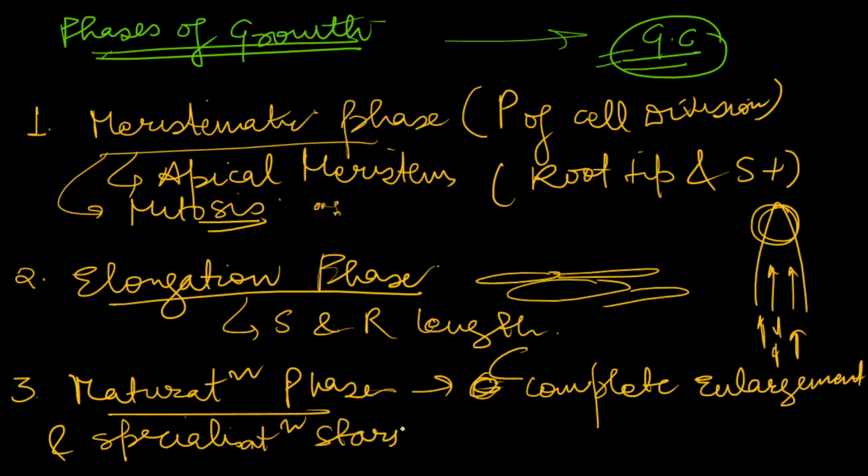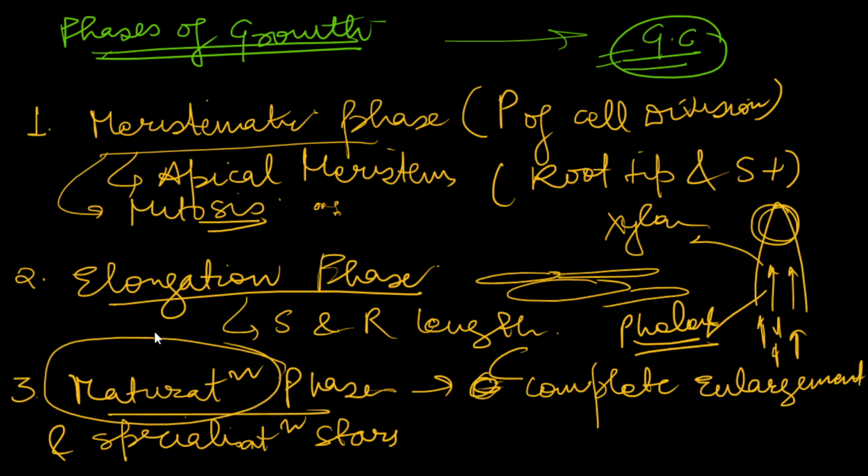That is, cells have reached their growth peak, and now they will specialize into various cells. For example, some cells will become xylem, some cells will become phloem. Growth slows at this stage because the plant has reached maturity, but the functional differentiation increases. The functions of the plant increase. So these are the phases of growth in biological terms.